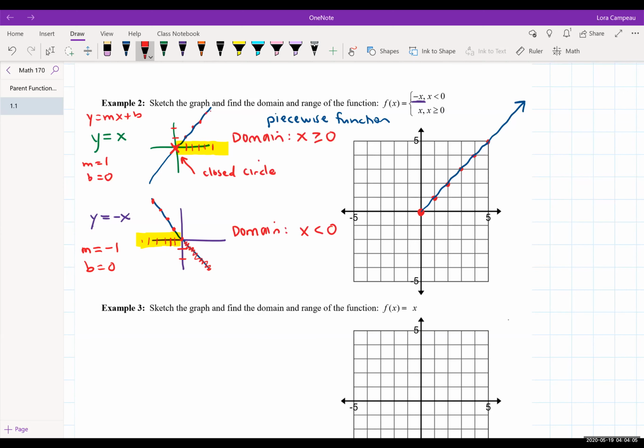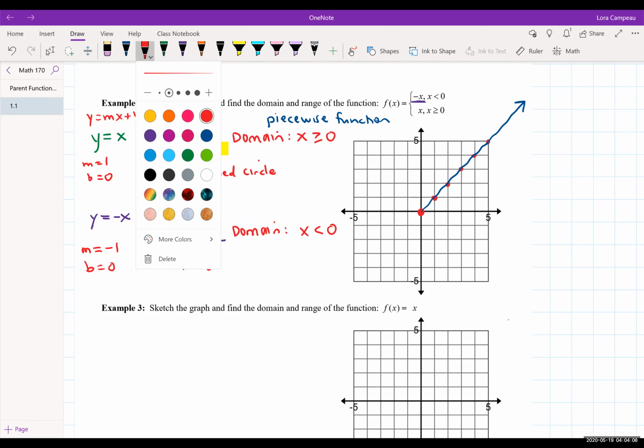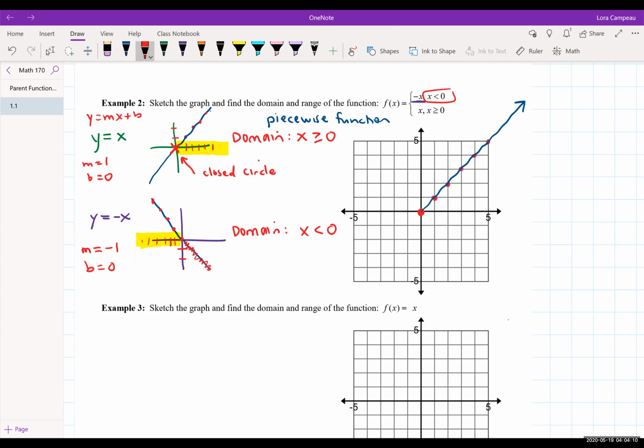And again, the domain always tells you where the cutoff point is for the particular x value. So in our case, it's cutting off at x equals 0. But if we were trying to mark the edge of the function, that would be an open circle based on our inequality symbol. When there's not an equal to symbol underneath the inequality symbol, that particular x value is not included.